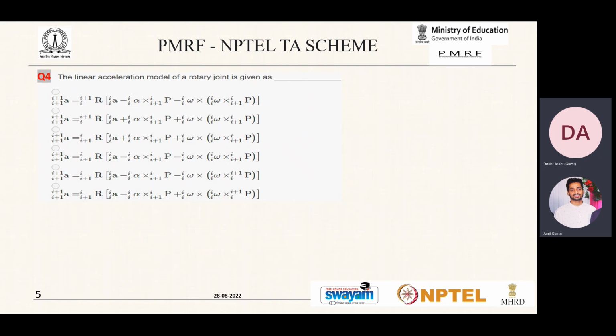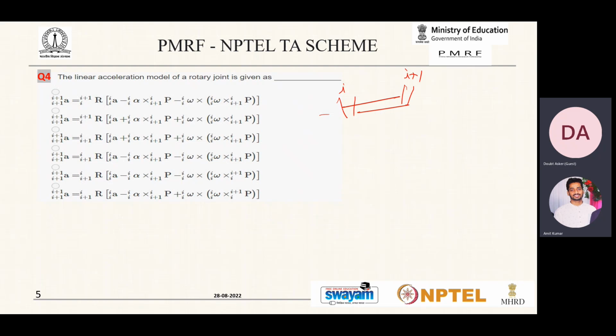Now let us move to the next question. The next question is about the linear acceleration model of a rotatory joint. This can be seen in two ways. Let me explain this in one way, and for the second I will give a hint on how you can see that. Suppose you have a link here. This is I plus 1.